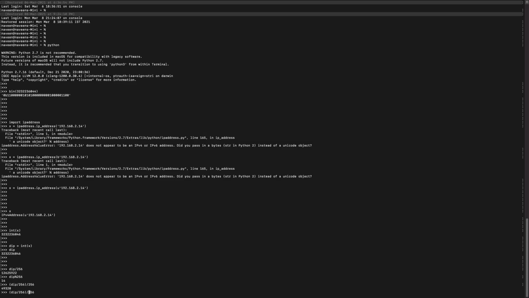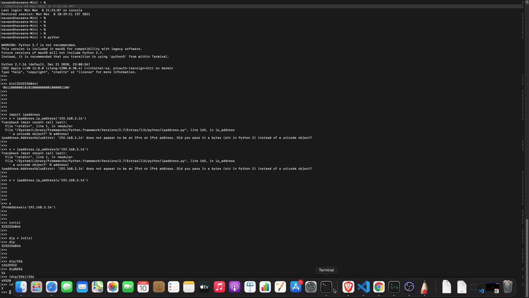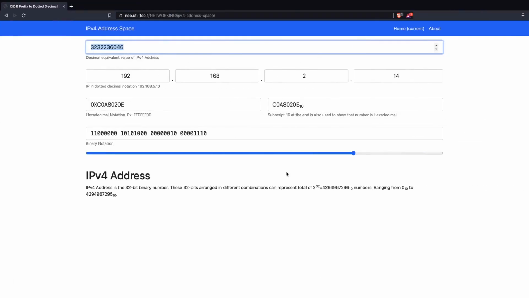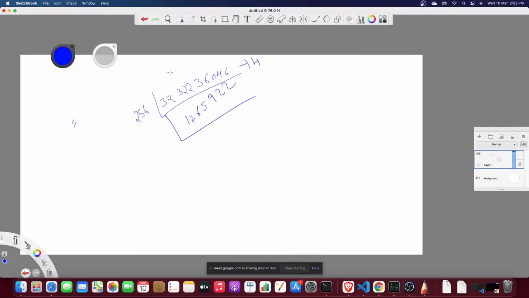What is the remainder? 2. Dividing 49152 by 256, remainder is 2, and again divide by 256.